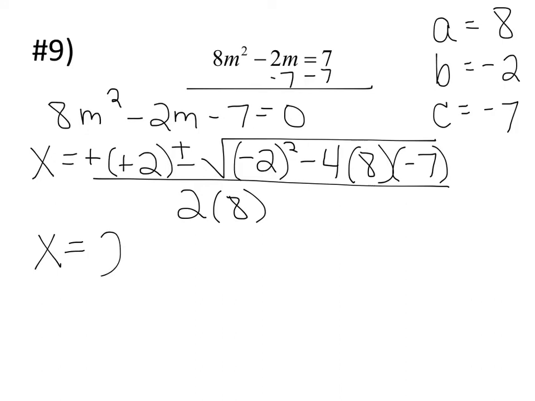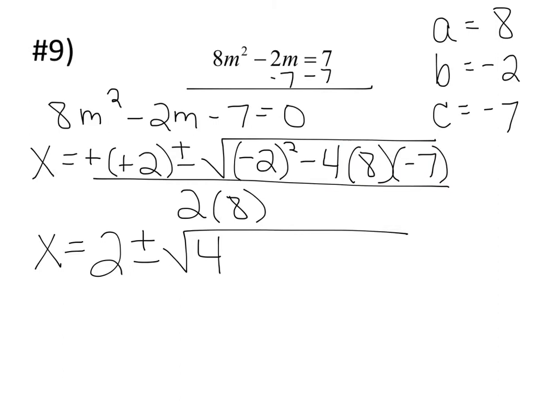Minus a negative is a plus, so that's just going to become positive 2. Plus or minus the square root, negative 2 squared is 4. Negative 4 times 8 is negative 32, times negative 7 is, I have no idea, let me get a calculator. All right, negative 32 times negative 7 is positive 224.